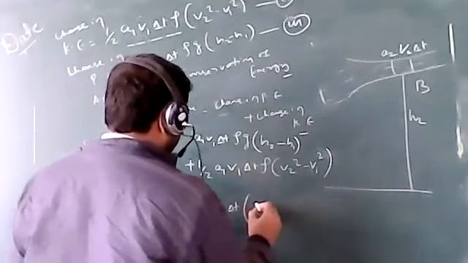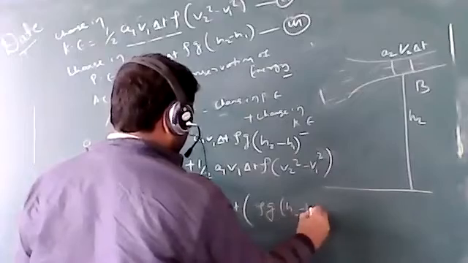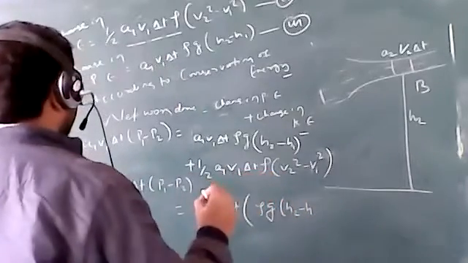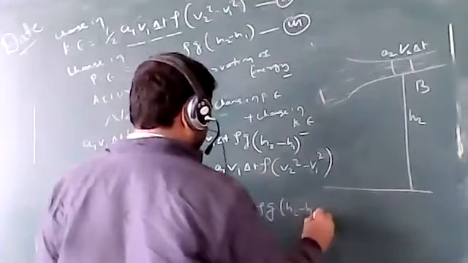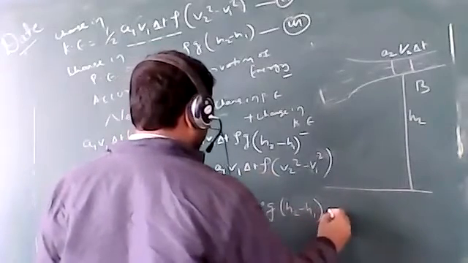Then what will be remaining? Rho G (H2 minus H1).